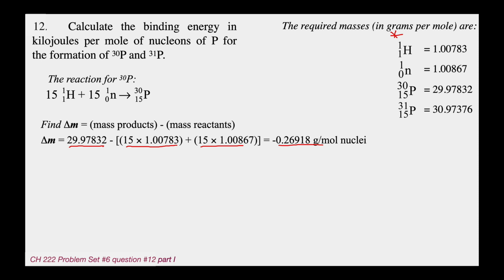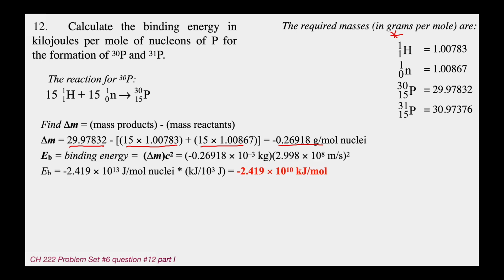What Einstein did is you can take that change in mass and multiply it by the speed of light squared. Now, if you're going to make a mass into an energy, you have to turn the grams into kilograms. In SI units, a kilogram meter squared per second squared is equal to a joule. So you must turn my beloved, and all chemists' beloved, grams per mole into kilograms per mole.